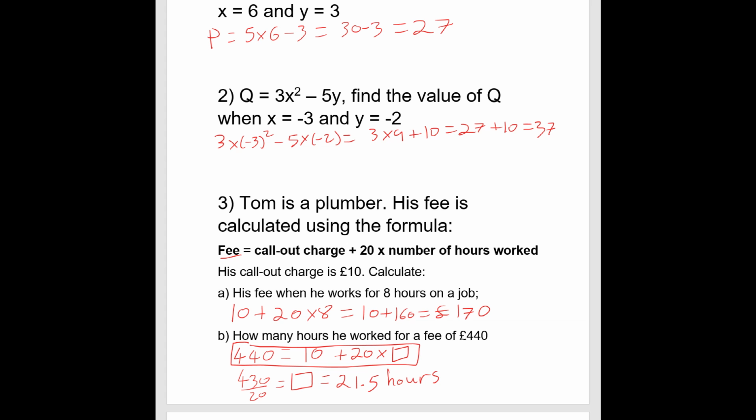So to work out the number of hours worked, we need to do the opposite. So we take the fee and we subtract the call-out charge, because that's the opposite of adding the call-out charge, giving us 430. And the opposite of timesing by the number of hours worked is going to be dividing by it. So we have to do 430 divided by 20, which on your calculator will be 21.5 hours.